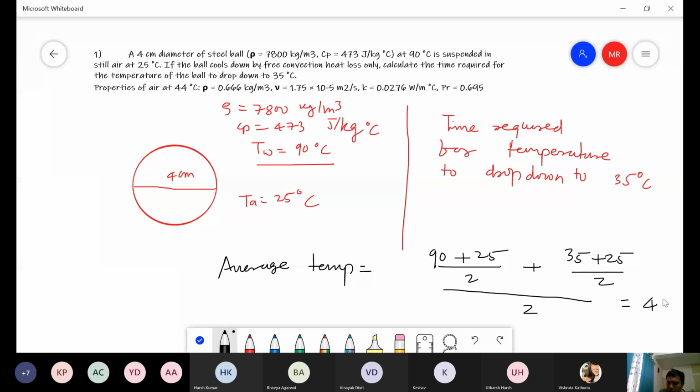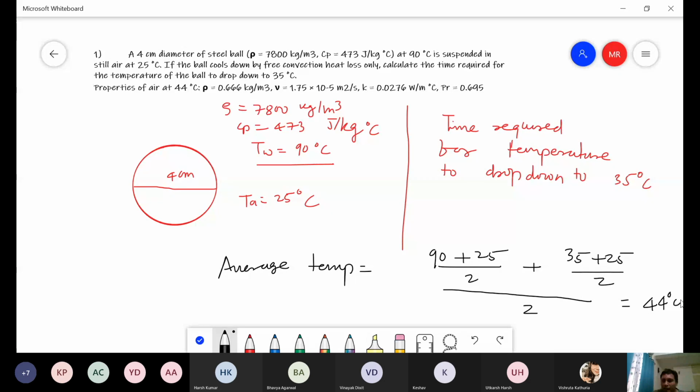Did you get what I'm trying to say here? In general, the average temperature has to be calculated from the wall temperature and the ambient temperature, correct? In case of natural convection. But in this case, the wall temperature itself is changing with time. So we have considered both the extremes, the initial wall temperature and the final wall temperature.